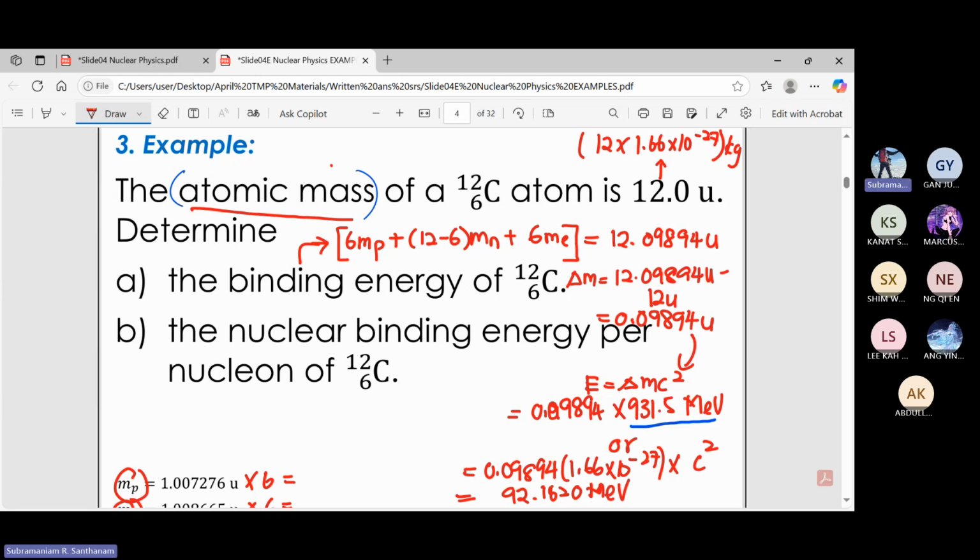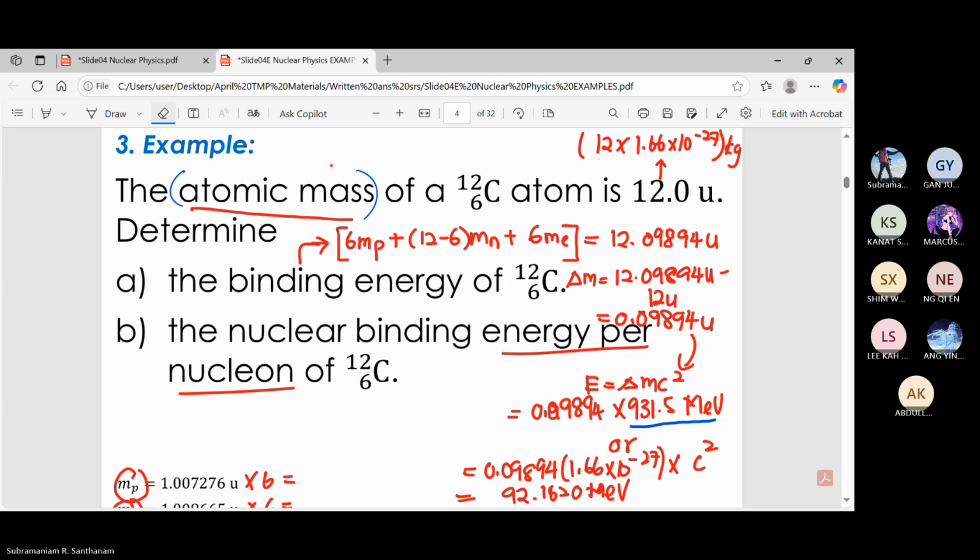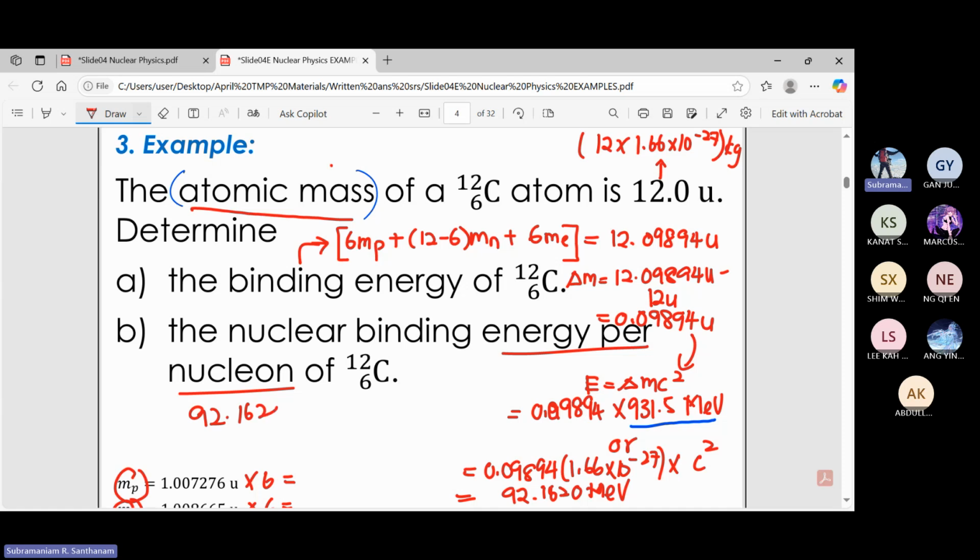If you want to find the binding energy per nucleon, you take 92.1620 and divide by what? Yes, 12, because 12 is the nucleon number. So you must divide by the nucleon number, 12.